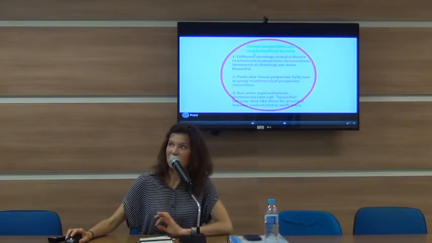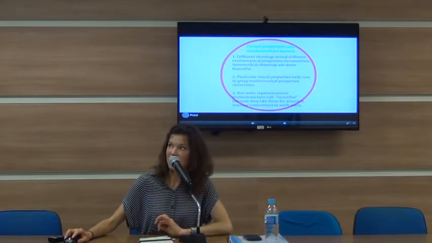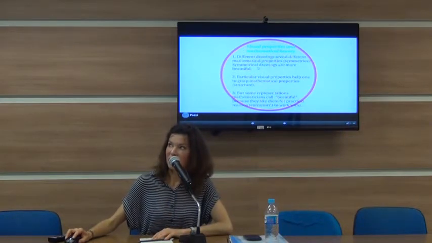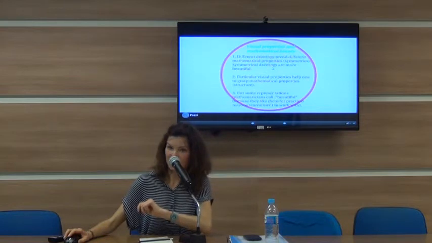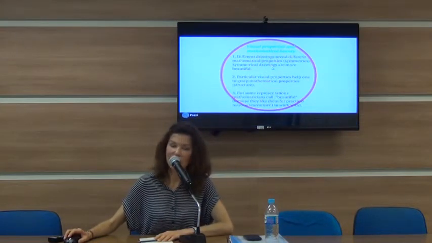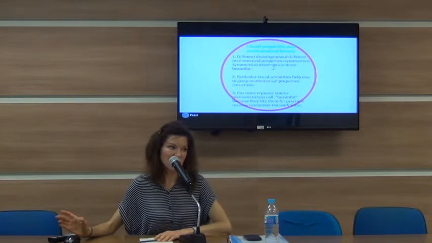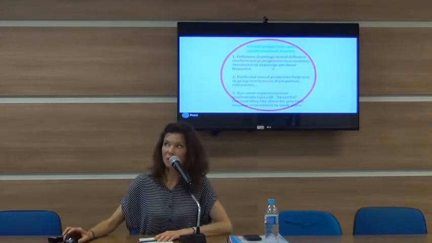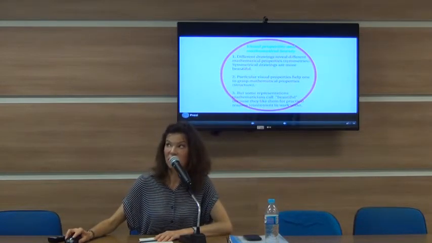So far, let me recap what we have. Different drawings reveal different mathematical properties, symmetries. Symmetrical drawings are more beautiful because, as mathematicians say, the traditional most symmetrical drawing is the most beautiful. So we can draw the conclusion that symmetrical drawings are more beautiful.